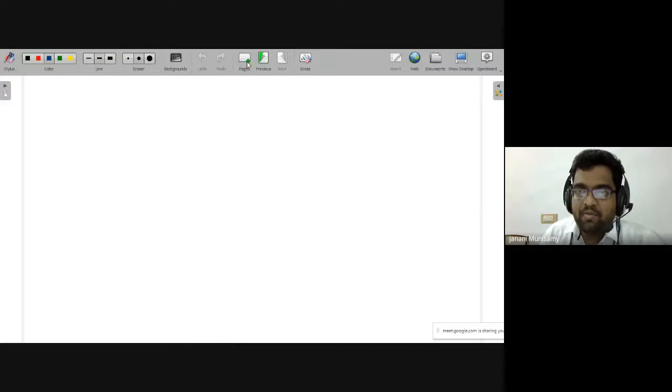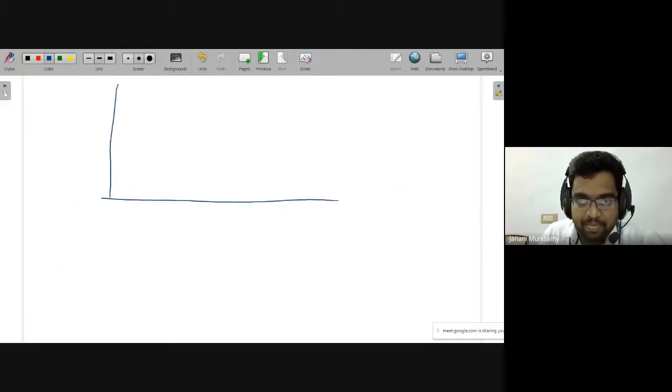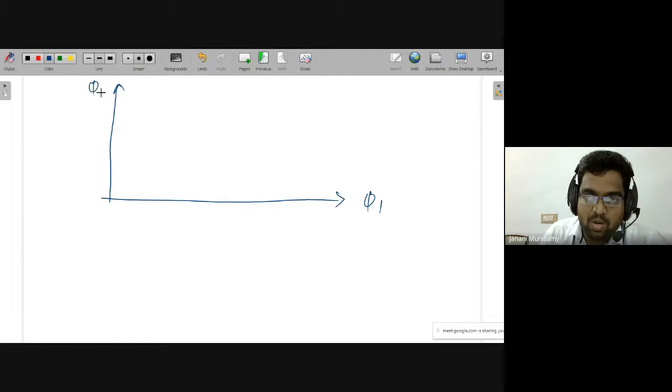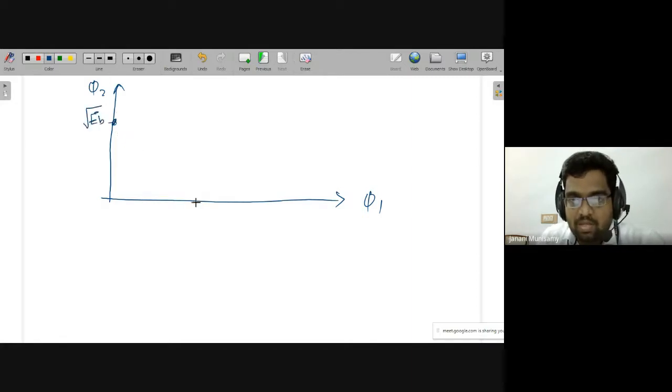Then we will find out what the minimum distance is. Finally, as it is orthogonal, I will put one basis function on the x-axis and another on the y-axis. Signal 1 on the x-axis, signal 2 on the y-axis, but both have the same energy, that is square root of Eb. This is the constellation diagram, the symbols in the constellation diagram.